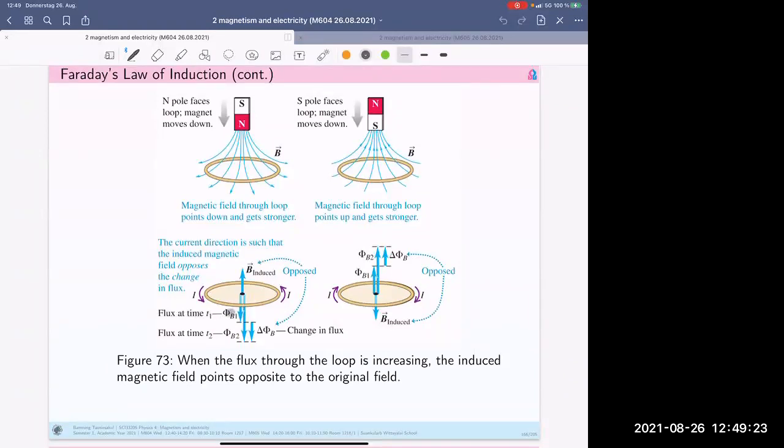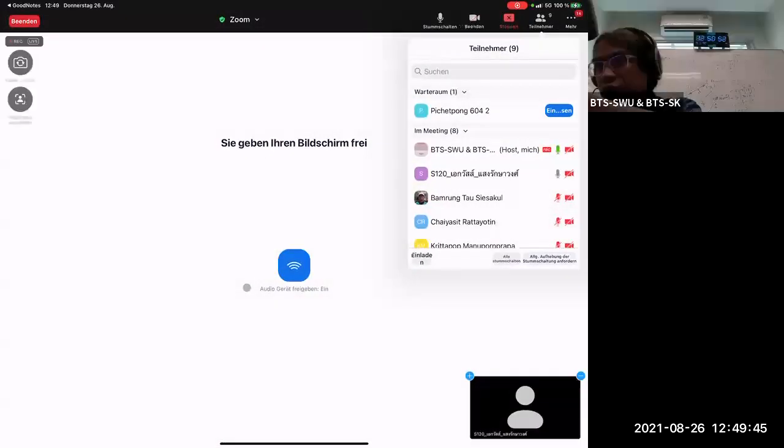When you move it closer, the conductor will perceive that the magnetic field is stronger, that's why they draw the longer vector.